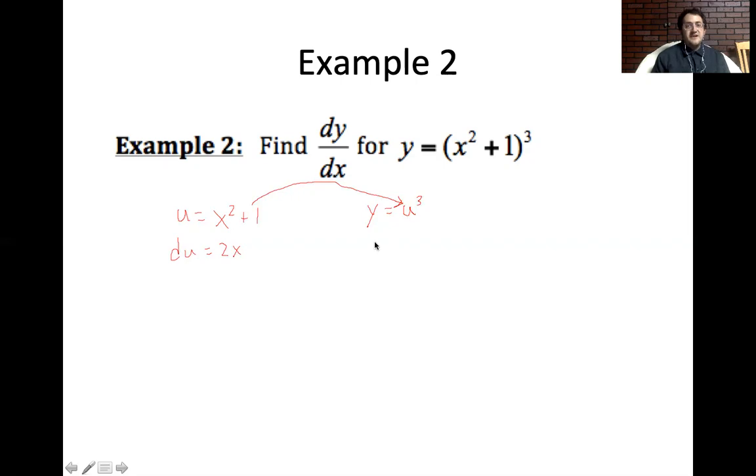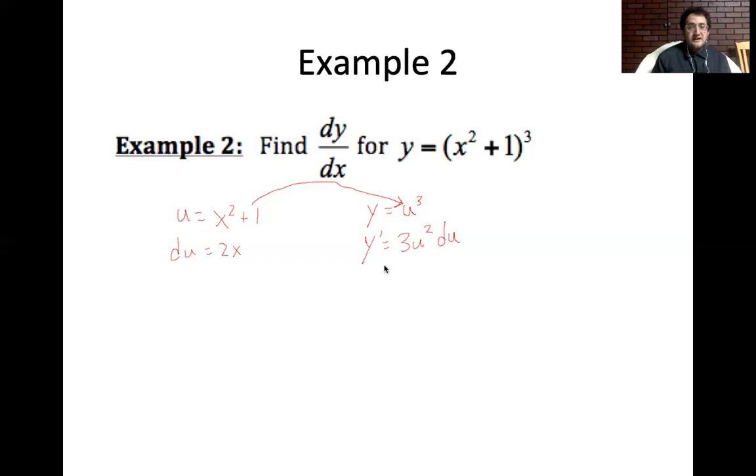Now, if I'm taking the derivative, we do 3u squared times du. So we include this du to let us know that we have taken the derivative. And this is actually like the derivative of the inside.